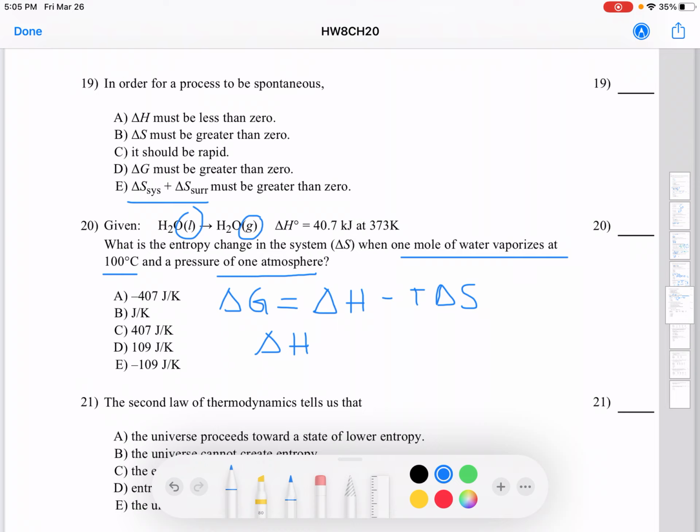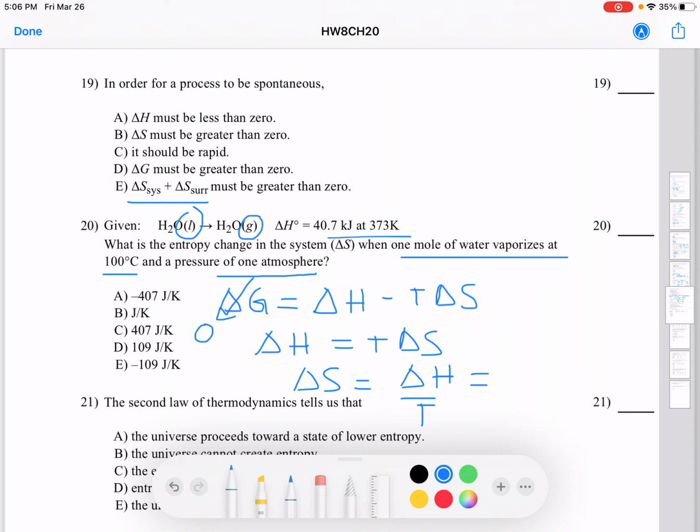Delta H therefore would be T delta S, since delta G would be 0. We want to find the entropy change, delta S. Delta S would then be delta H over temperature.